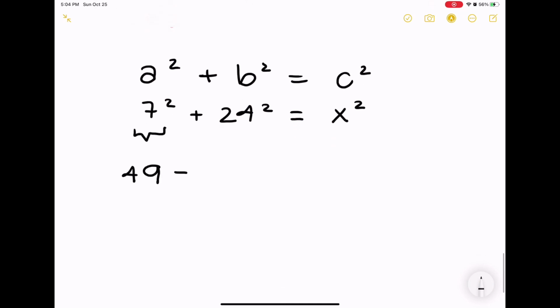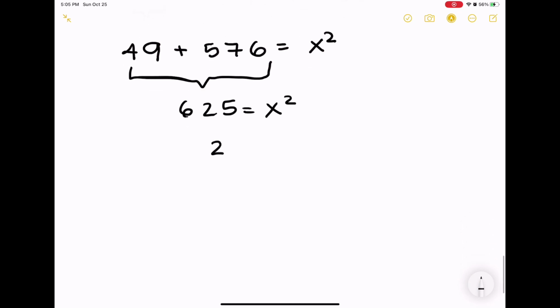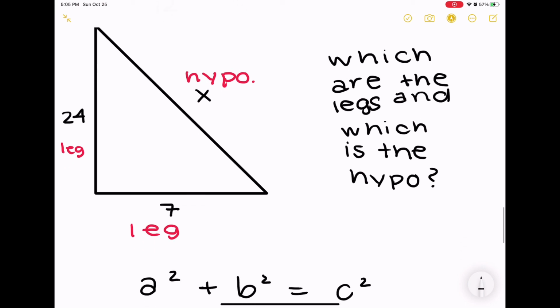So 7 squared is 49. 24 squared is 576, and then we have that equal to x squared. And if we add those up, we have 625 is equal to x squared, and the square root of 625 is 25. So we know that missing side is 25.